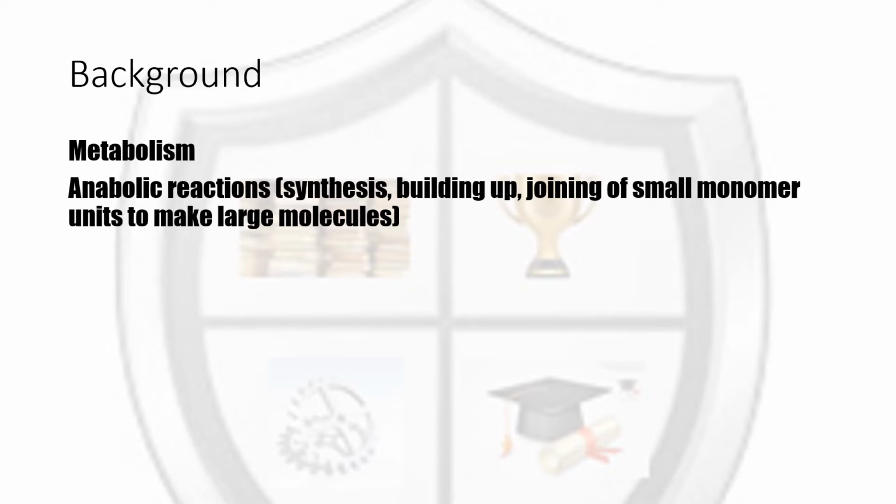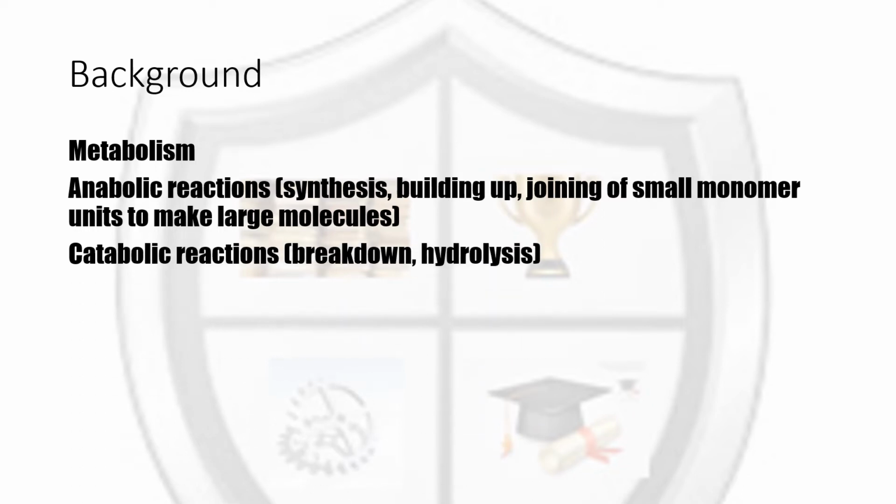For example, where amino acids are joined up to make proteins, where glucose molecules are joined up to make large molecules like starch. We also have what are known as catabolic reactions. Those reactions that involve the breakdown of large molecules to make small molecules.